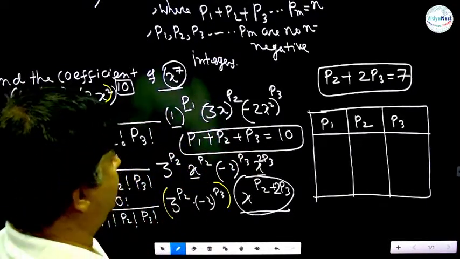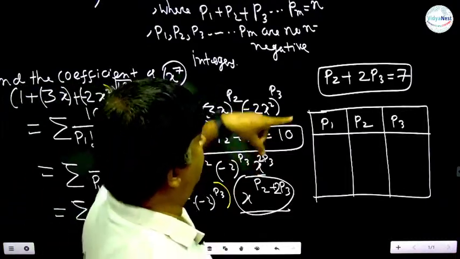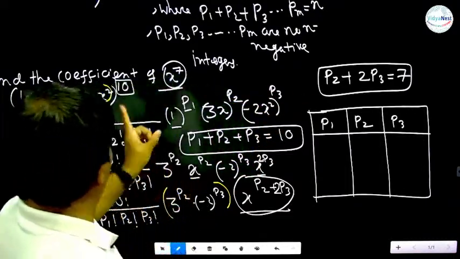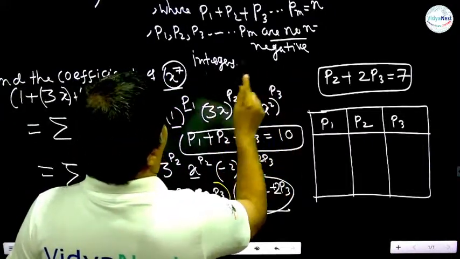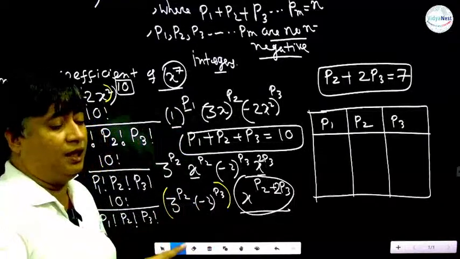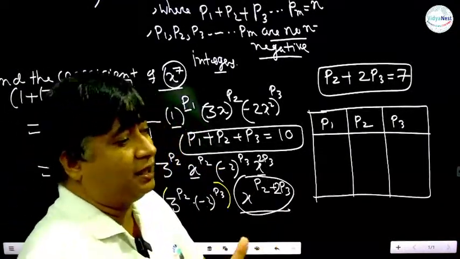First of all, see what possibilities can come. What are P1, P2, P3? All are non-negative integers. Not fractions, not negative, 0 and integers greater than 0.